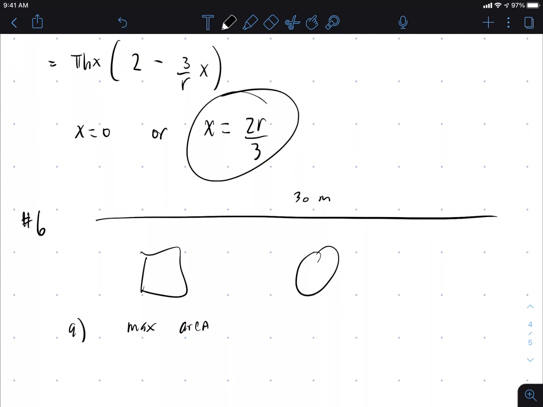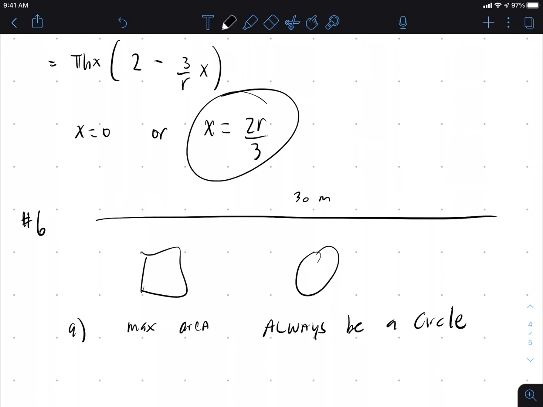So if you want to get the maximum area, you always want to have a circle. There'll be some calculus involved in a second, but maximizing area is always going to be a circle.